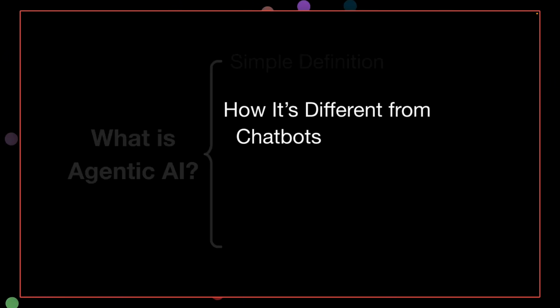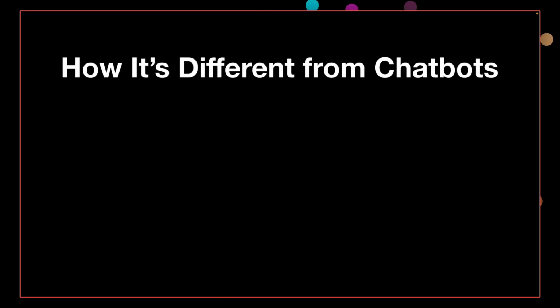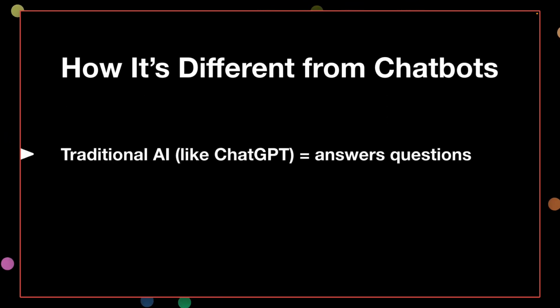You might already be aware of tools like ChatGPT. ChatGPT is what we call a traditional AI assistant. What they are good at is answering questions and holding a conversation. That's what traditional AI is good at.